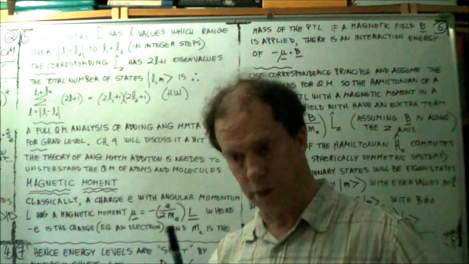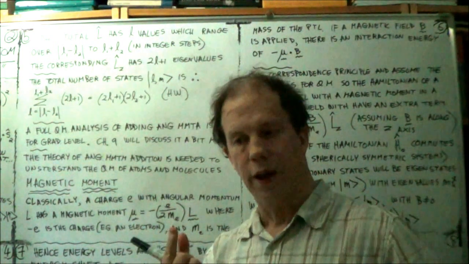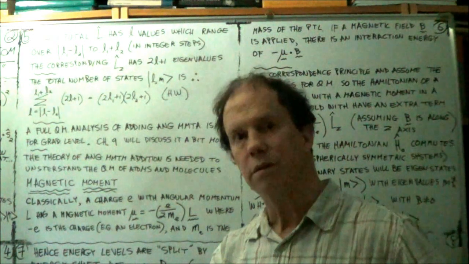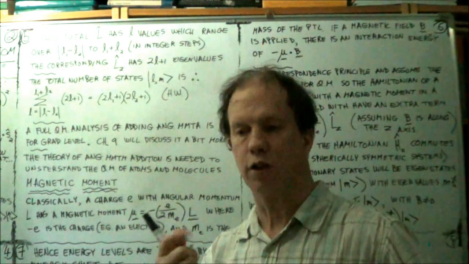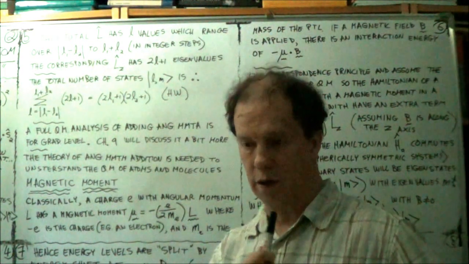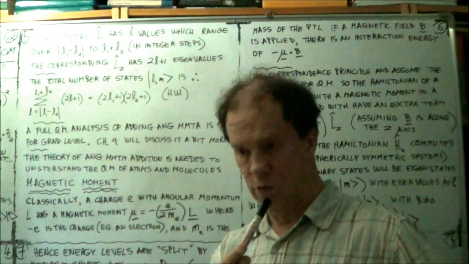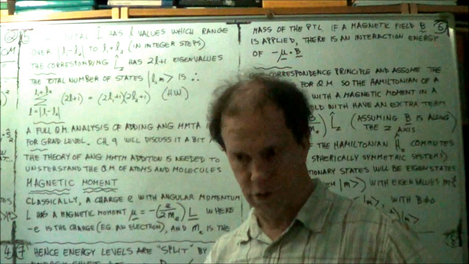So you might be talking about one particle with addition of orbital angular momentum and spin angular momentum, right? Or you might be adding two spins of two different particles. Or you might be adding two orbital angular momenta of two particles.